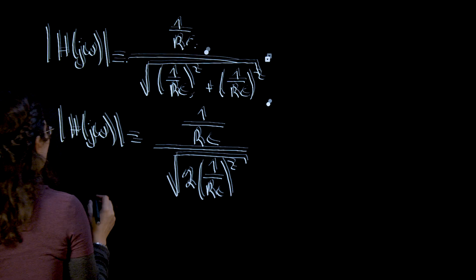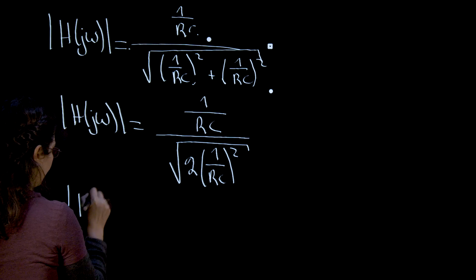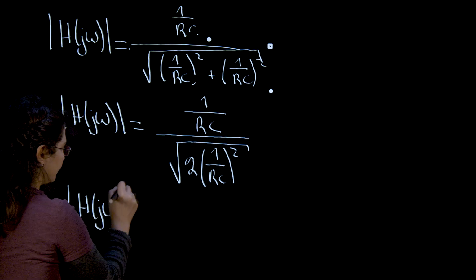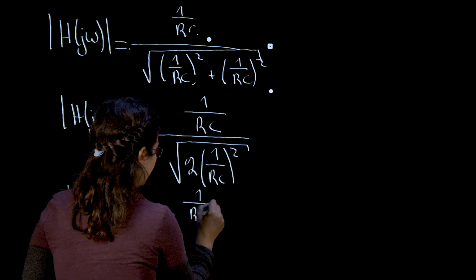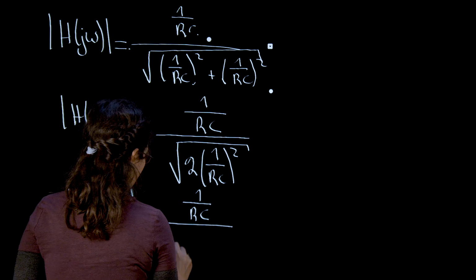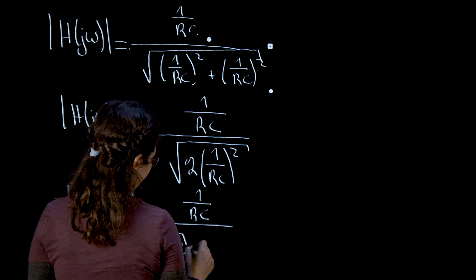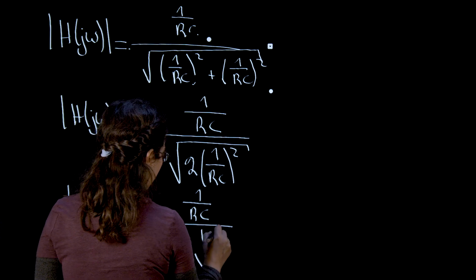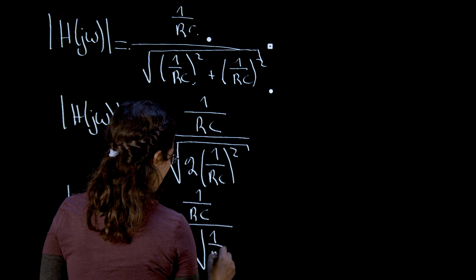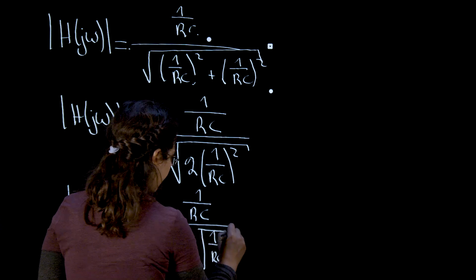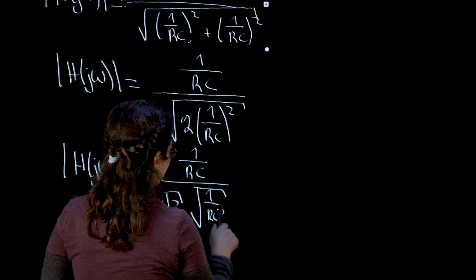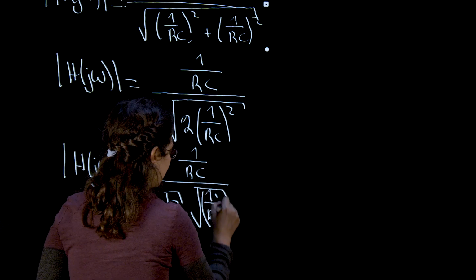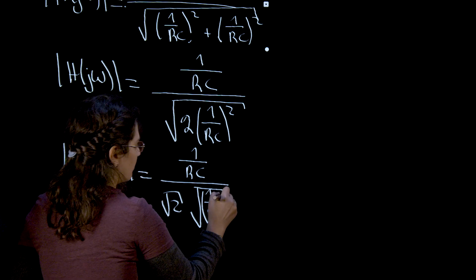And this basically becomes 1 over RC over square root of 2 times square root of 1 over RC squared. And then this square, sorry, that's not correct, squared.